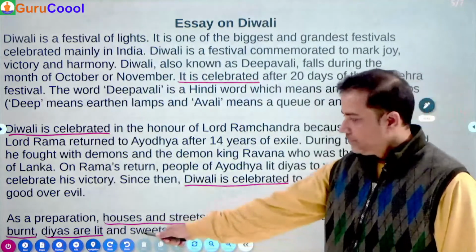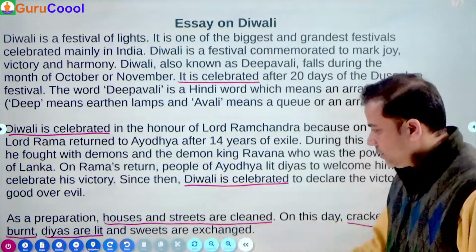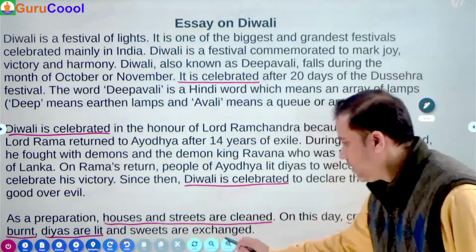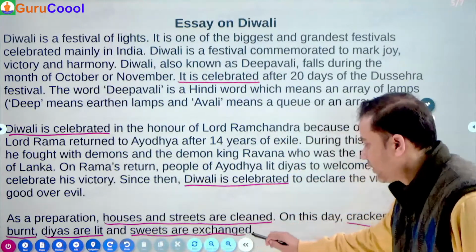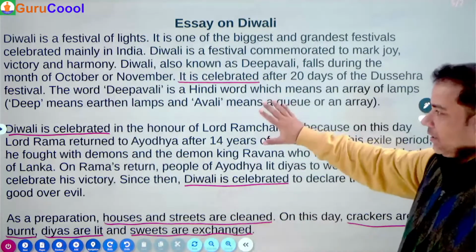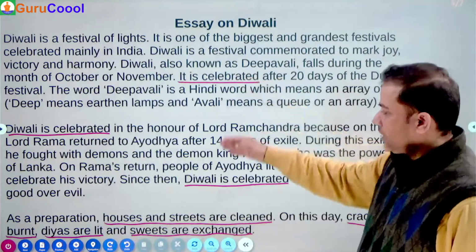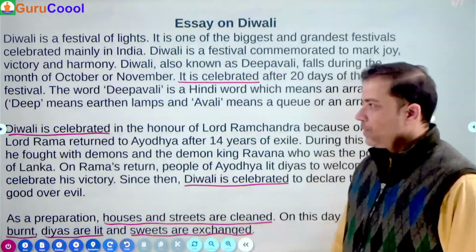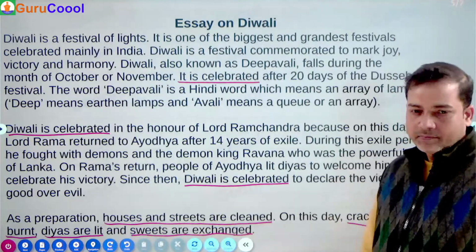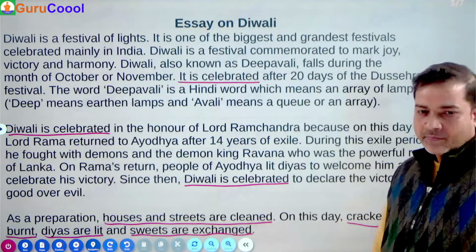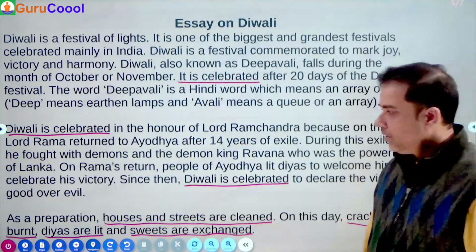And the next one is, sweets are exchanged. Another, the last one. So this was an essay, and you see here how many sentences are there in simple present passive voice.